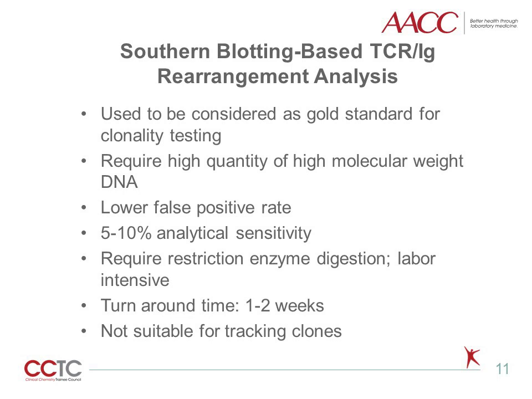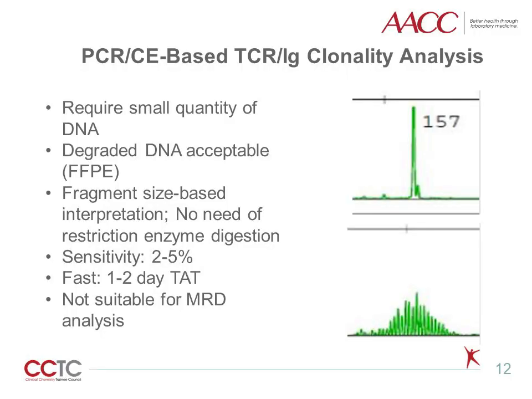This method generates fewer false positive results compared to PCR. However, there are disadvantages inherent to Southern blotting, such as limited sensitivity, significant demands in time and technical skill, the need for large quantities of high-quality DNA, longer turnaround time, and it is not suitable for tracking clones.